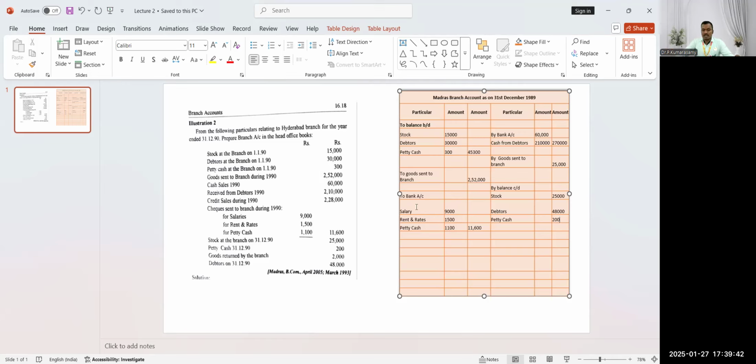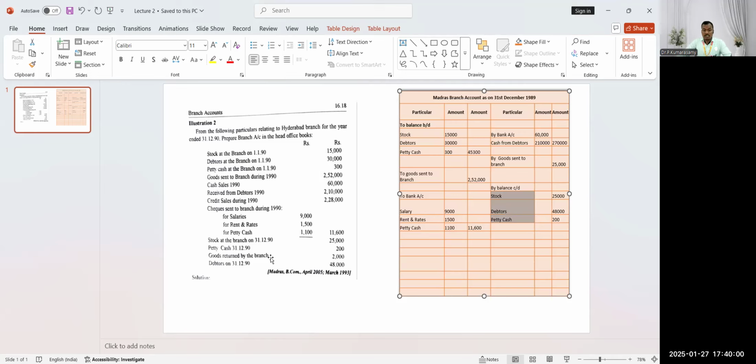These items we have taken and recorded here on the debit side. Then the total is 11,600. Then stock, closing petty cash, closing debtors. These details we have taken and recorded.